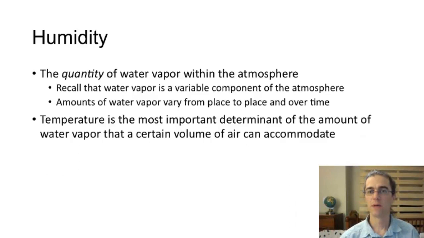So humidity, we can think of as the quantity of water vapor within the atmosphere, recalling that water vapor is a variable component of the atmosphere, right? By no means is it the same in terms of precise values.